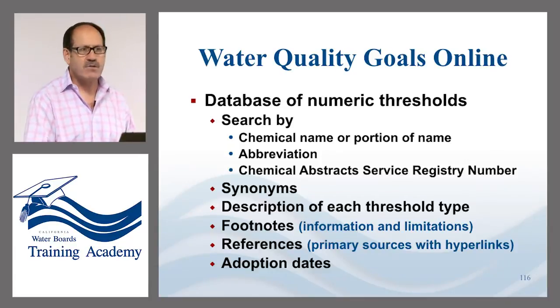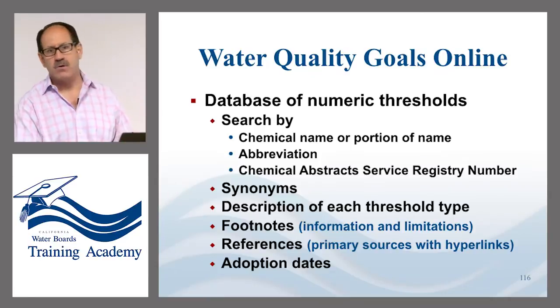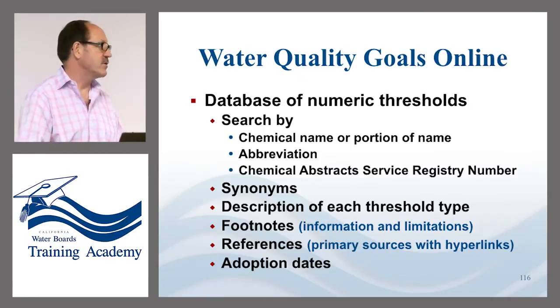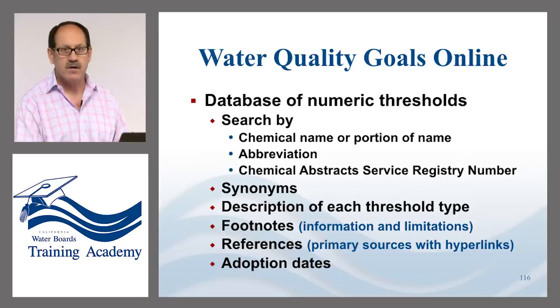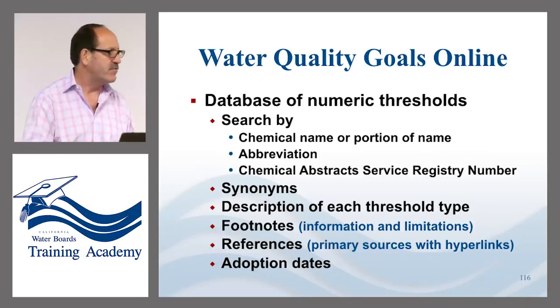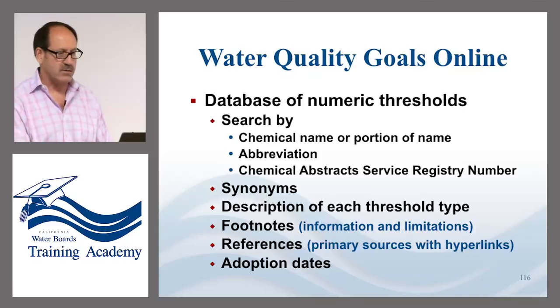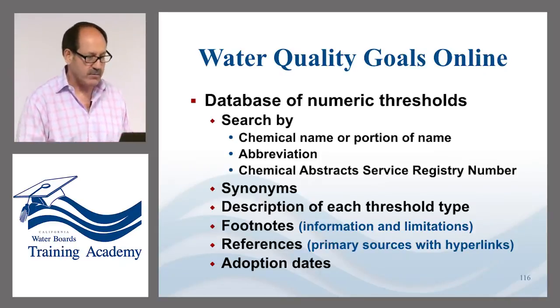So sometimes you call a chemical one thing and another person calls the same chemical something different. How do you know you're talking about the same chemical? Well, if it has the same Chemical Abstract Service Registry number, then you are talking about the same chemical. So it's an identifier, yet another identifier for each unique chemical. And you can search by that as well.